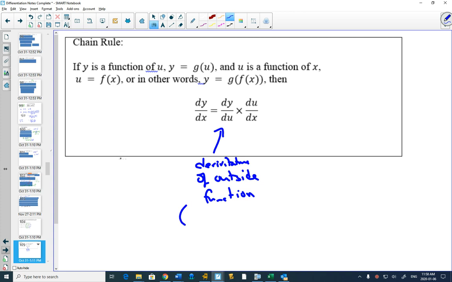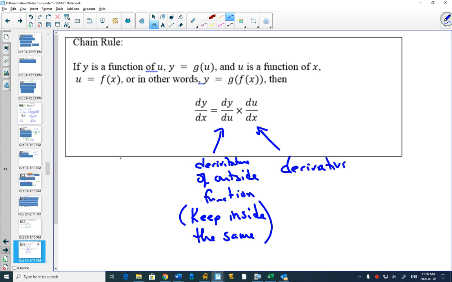Derivative of the outside function, and these are the words I'm always going to say, so I'm going to write it out here for you. We always do the derivative of the outside function and keep the inside the same, and then multiply by the derivative of the inside function.